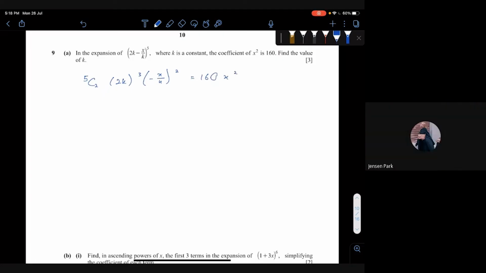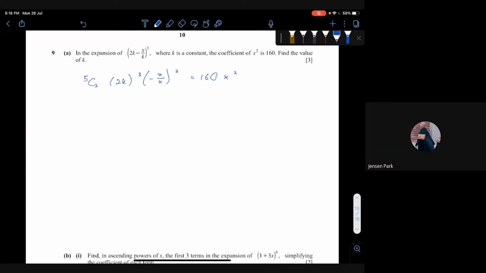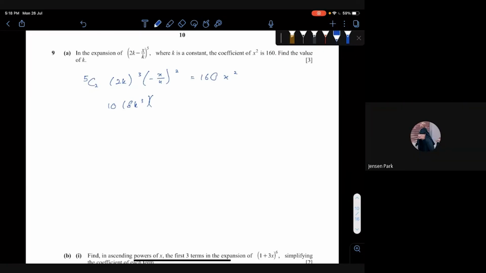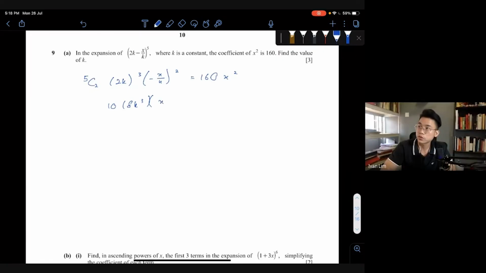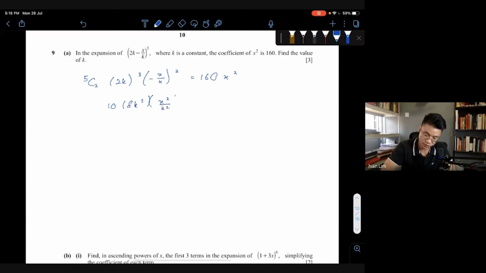We only want the value of this. Don't waste your time finding your 0, 1, 2, 3 terms. Expand this and you'll get 10 times 8k cubed times x squared over k squared, equals 160x squared.